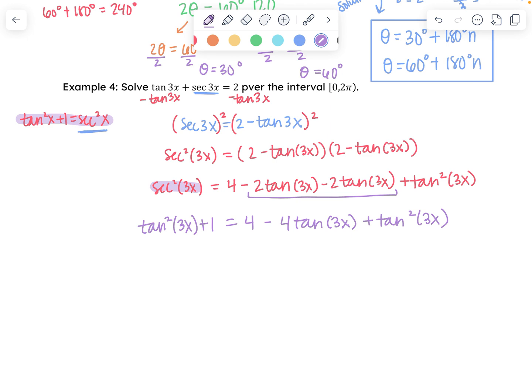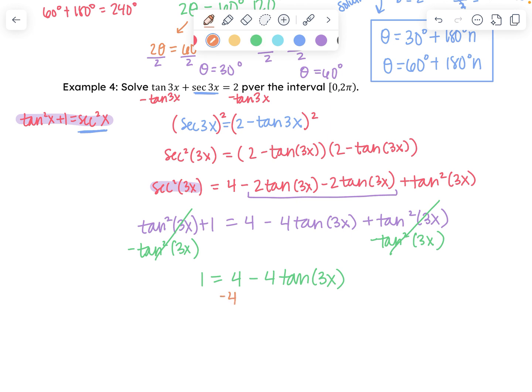Okay, then I can start trying to maybe move stuff over and see if I can factor. So let me subtract that tangent squared 3x from both sides. And lucky for us, it cancels out. So I've got 1 is equal to 4 minus 4 tangent of 3x.